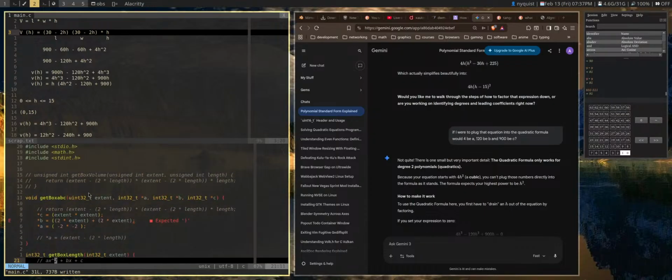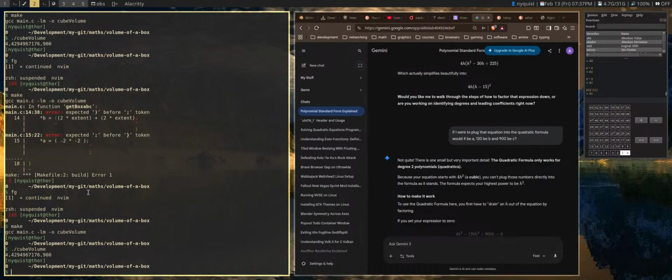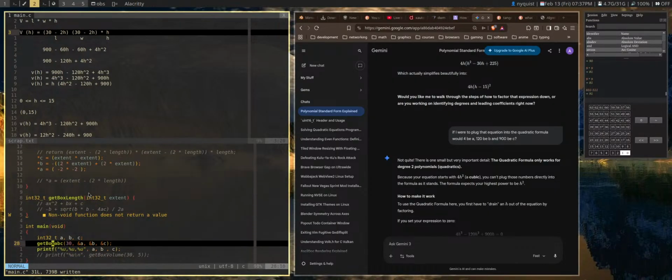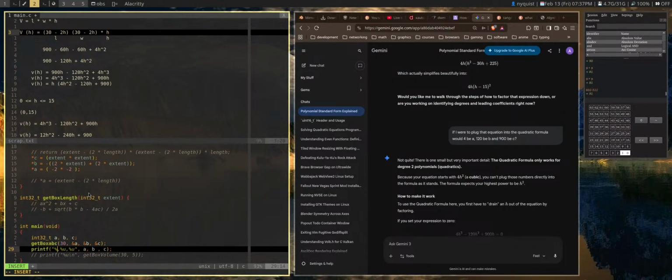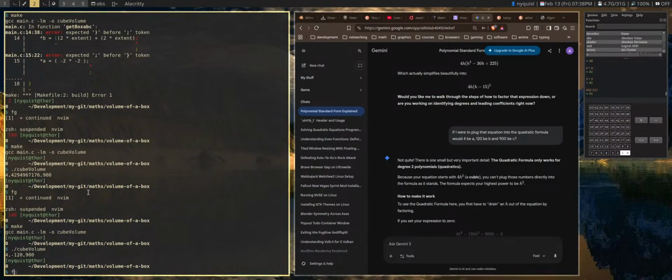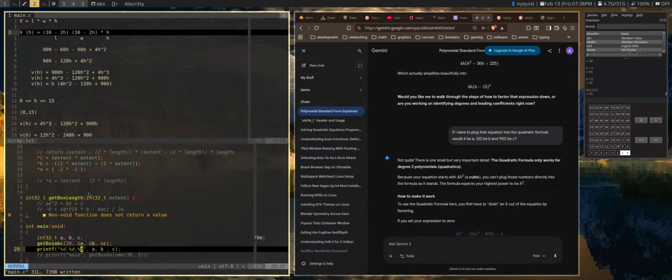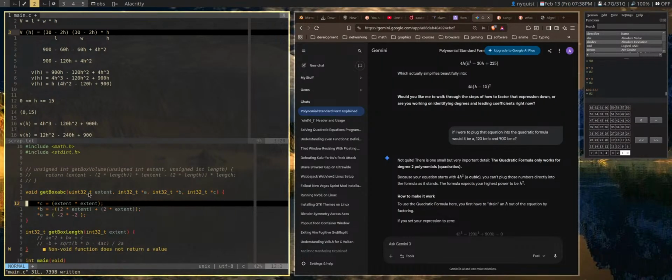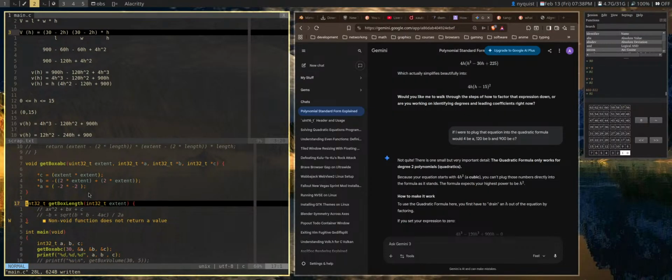What did I do? Expected. Oh, yeah. I see. There we go. Still the wrong number because something is still... Oh, okay. I am saying unsigned here, which I need to not do. Negative 120. There we go. I think that gives us our A, B, and C. So now we can plug that into our quadratic formula.